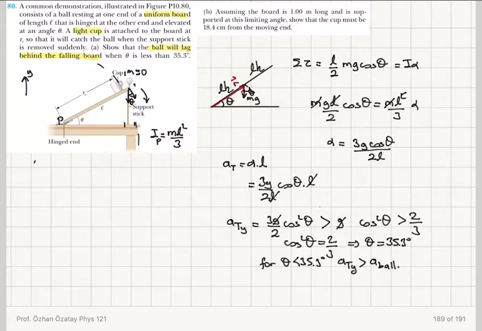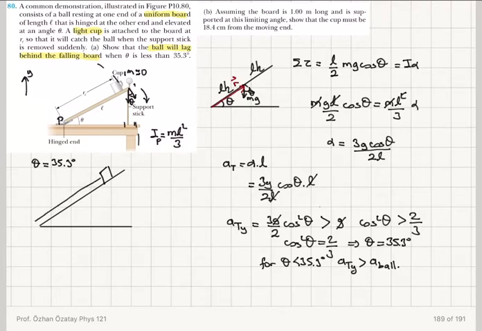Now it says, let's assume that the board is 1 meter long and is supported at its limiting angle. So theta is 35.3. Show that the cup must be 18.4 centimeters from the moving end.